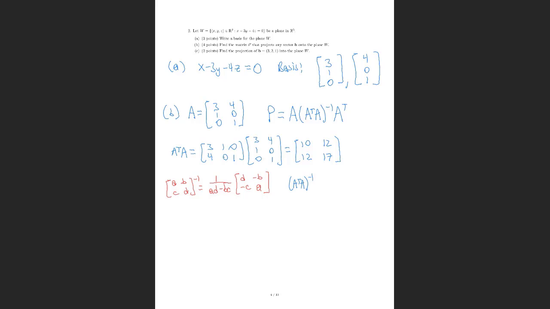All right, so then the inverse of A transpose A is going to be, let's see here, 170 minus 144 is 26, I think.